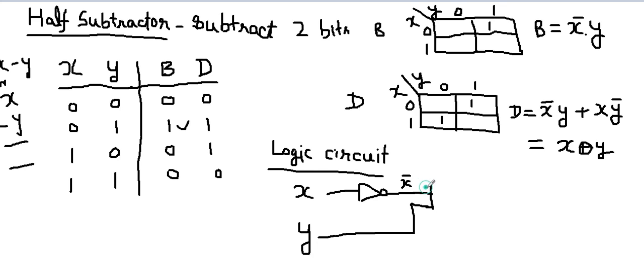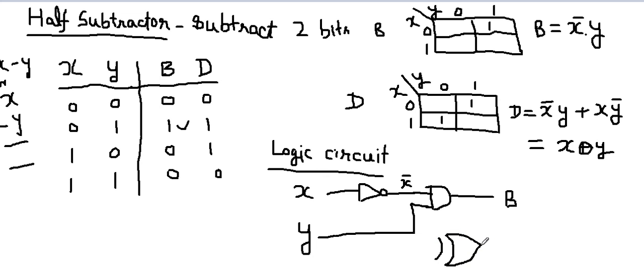So the x complement and y. So we will use the AND gate for borrow, and for this one we are going to simply write x XOR y. So we will use the XOR gate for this operation, for the difference operation, right?